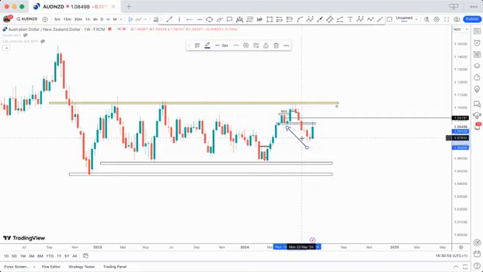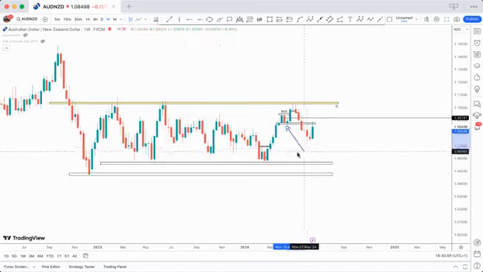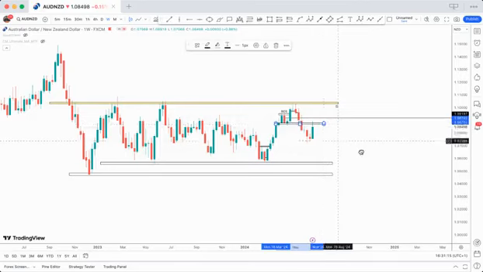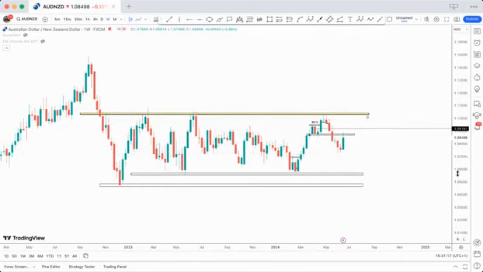So we have a structure breakout at around this level, and it's a wise thing for the market to go ahead and retest. So for the whole period of 1 week, the market used that to retest this broken structure. You can see this broken structure. I'm sure you guys can see this clearly.